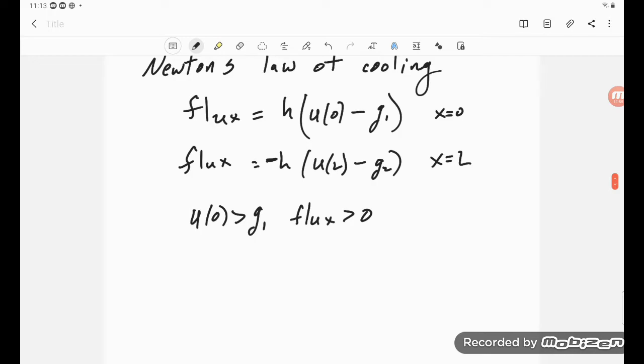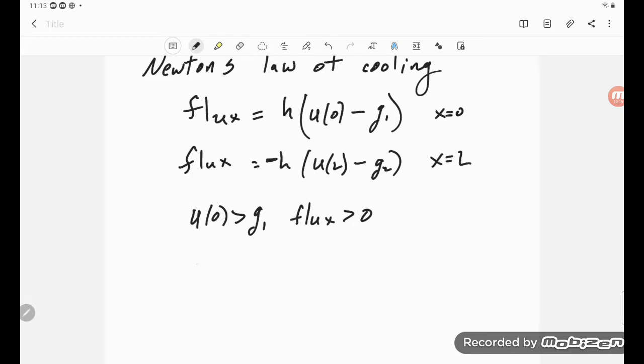Okay, so if this is the case, then this flux here would be greater than 0.